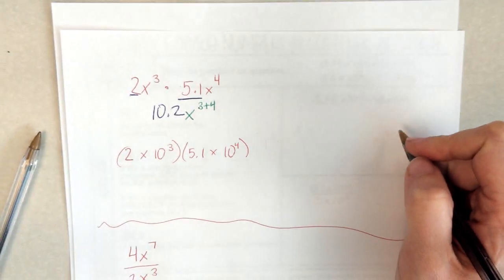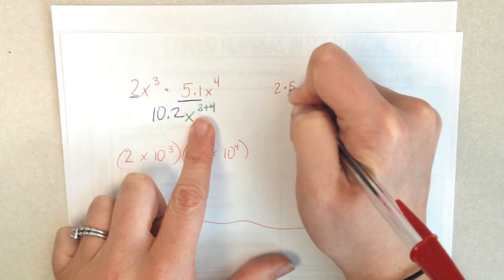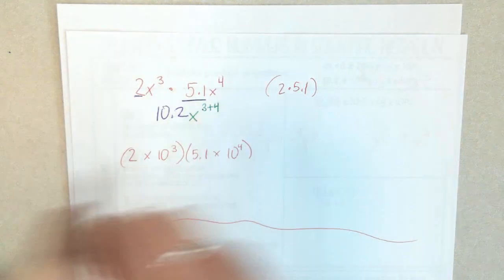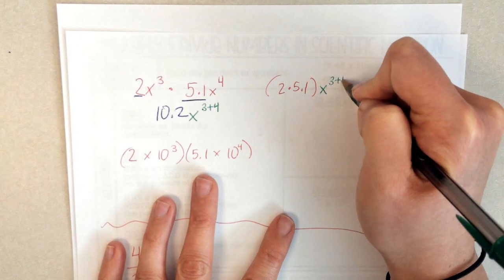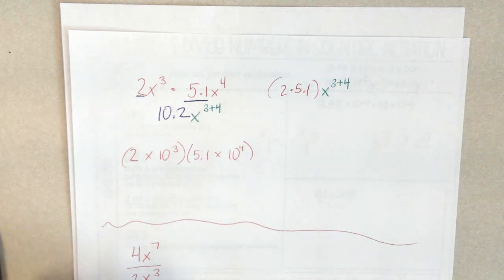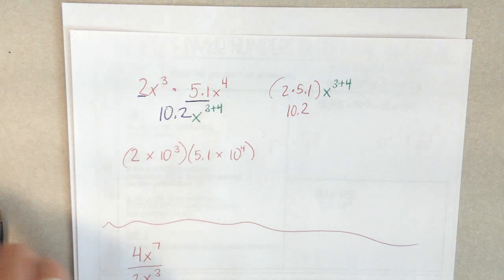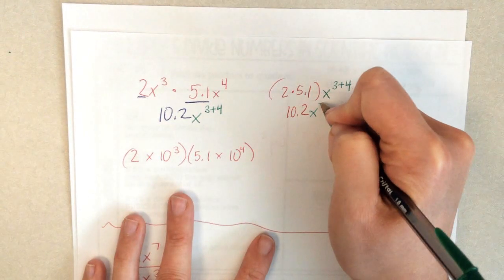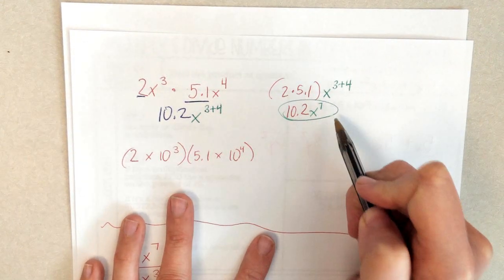Okay, so remember we were multiplying. I guess I'll show that work. We were doing 2 times 5.1, and then we did keep our base, add our exponent, so it ended up being 10.2 x to the 7th power. Okay, so this was our work, this was our answer before.